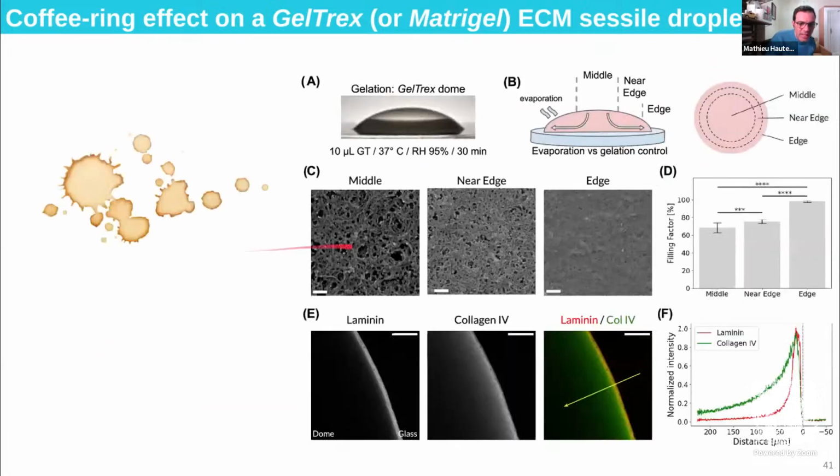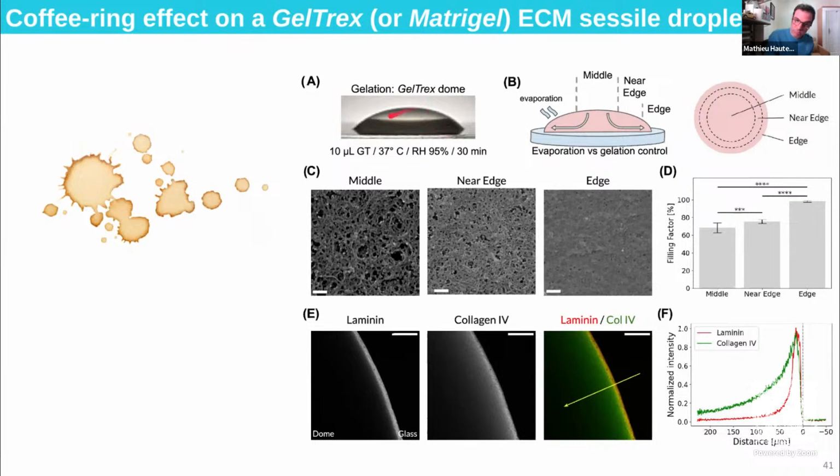And laminin does exactly that in the Geltrex dome or Matrigel dome. You have evaporation, you have a strain here, a movement here. And if you look at the edge density of the laminin, it's very, very dense, and collagen 4 also. They are almost completely recruited here just at the edge, like the coffee stain effect.